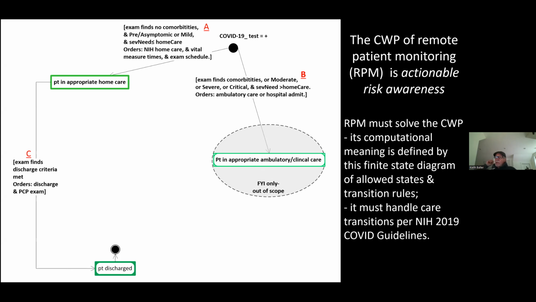The other branch is that the patient will go into appropriate home care if they're pre-symptomatic or mild, and their severity needs are equal or less than home care. They'll get orders for home care, vital measurement times, exam schedules, and some kind of monitoring. Now, the patient can remain safe in appropriate home care. After a period of time, they'll get an exam and they'll be discharged if they've recovered.